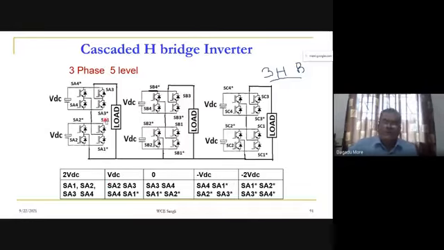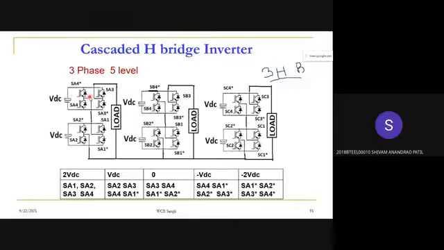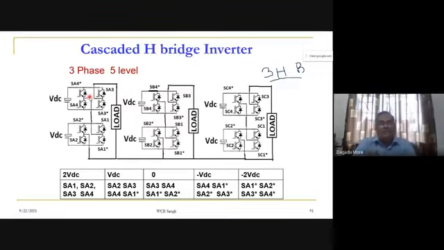So now here we have seen, for 5 level, how many DC voltage sources are required? 6 DC voltage sources are required. So we can say it will be a limitation of this H bridge.